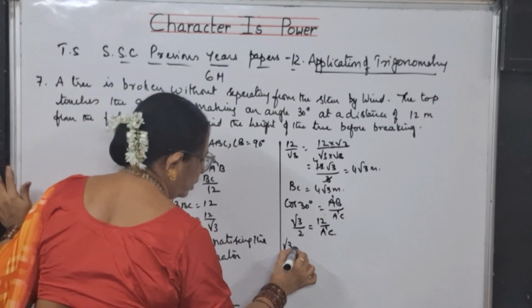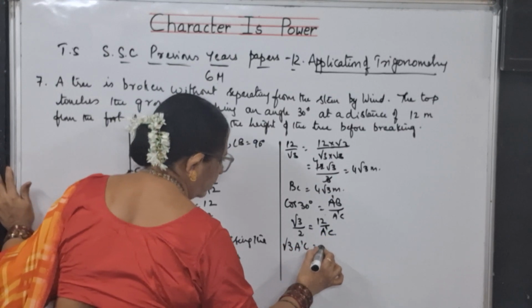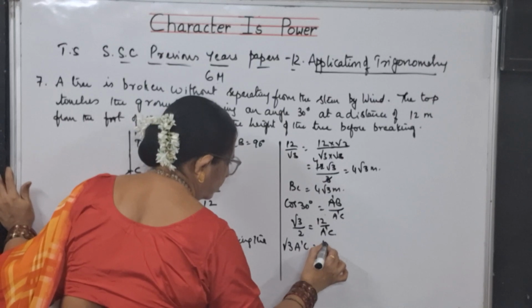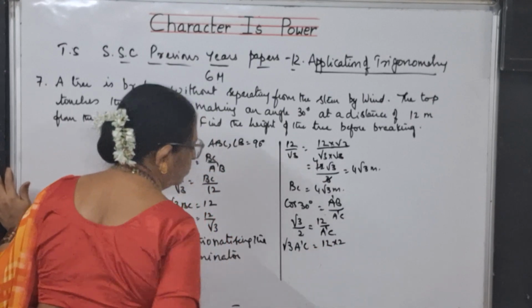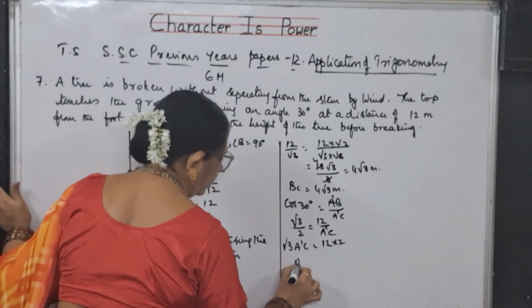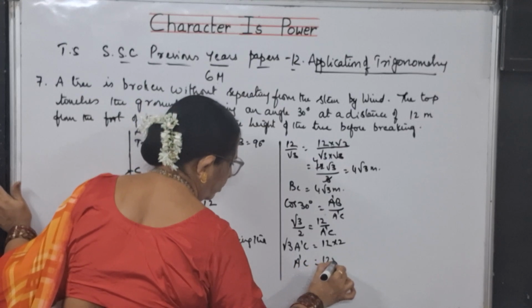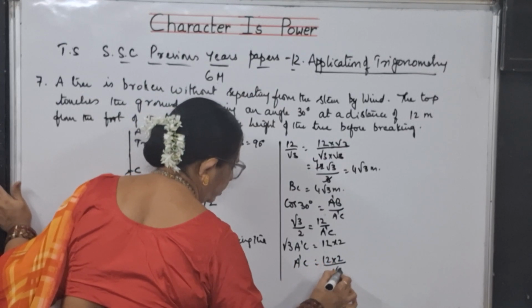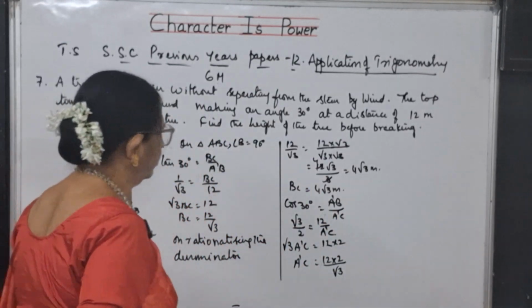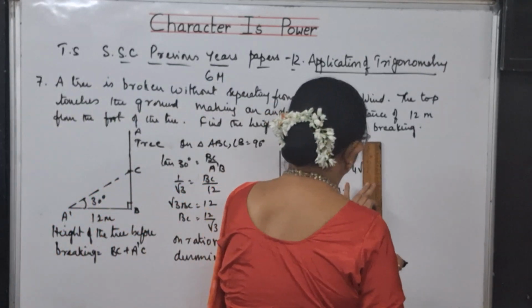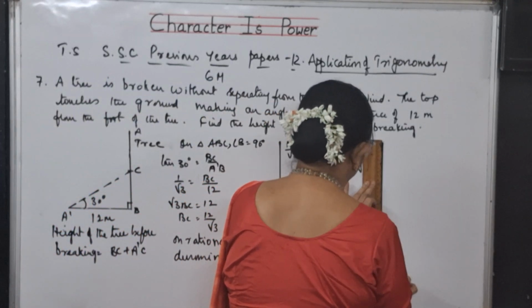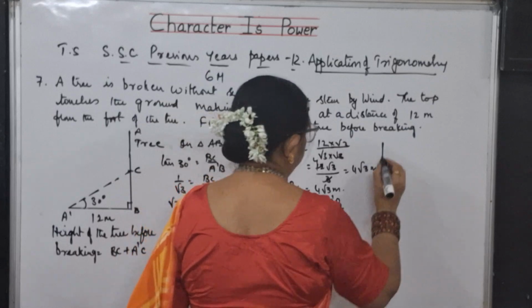So root 3 A dash C is equal to 12 into 2. So what is A dash C? 12 into 2 by root 3. So again you need to rationalize the denominator.